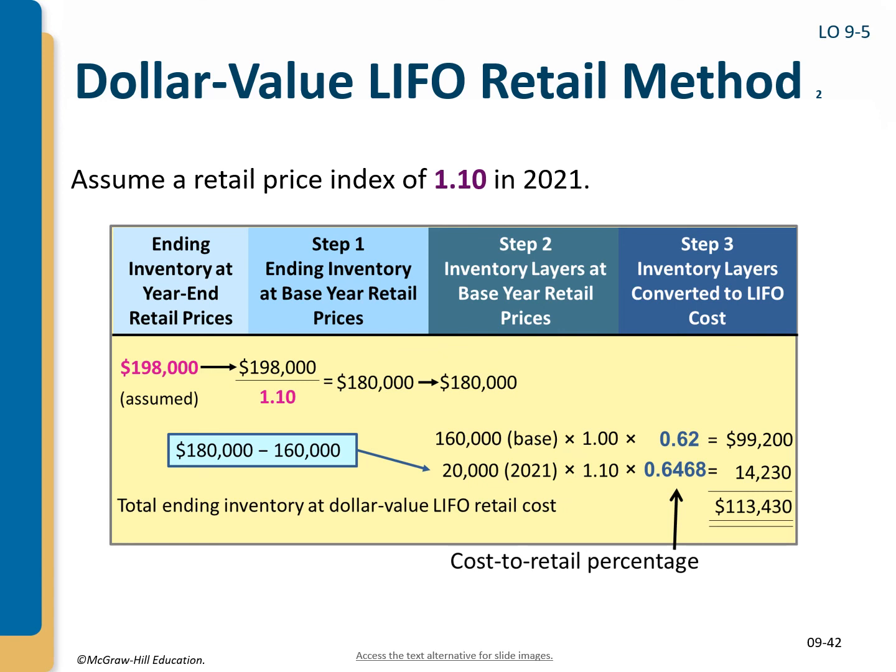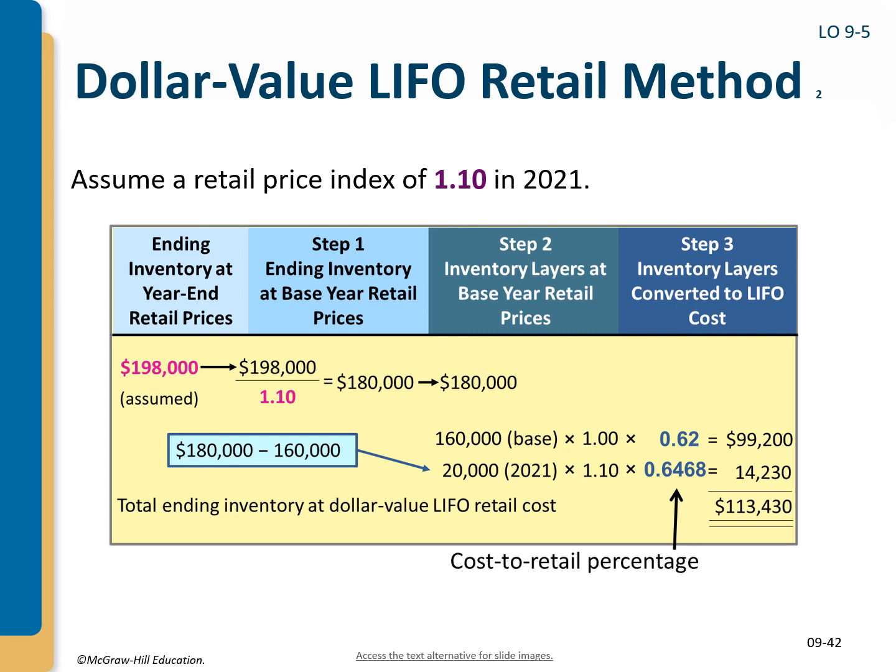That's 180,000. Well, the inventory layer added this year would be 20,000. Our base year is 160, the retail value of inventory at the beginning of the year. And we just added another 20,000 due to quantity.